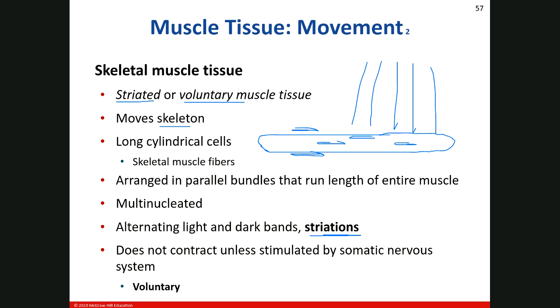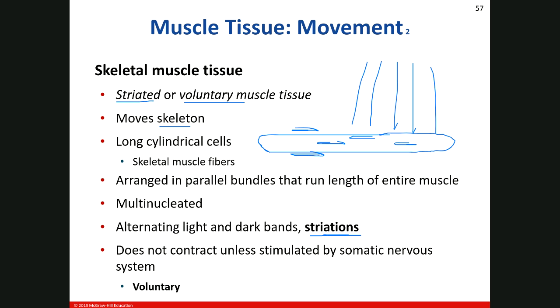striations here. You do want to know that the part of the nervous system that actually stimulates and controls the skeletal muscle system is called the somatic nervous system. The somatic nervous system is the part of the nervous system that you can consciously control.